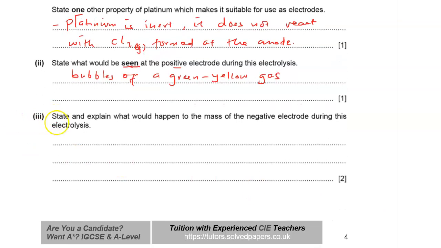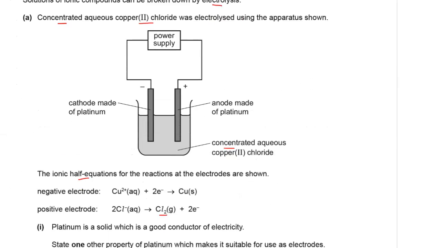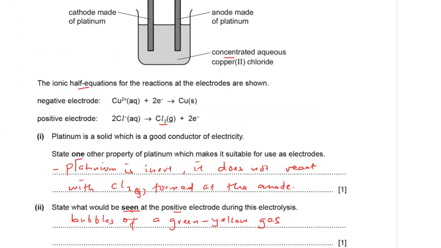Part 3. State and explain. State and explain what happens to the mass of the negative electrode during this electrolysis.